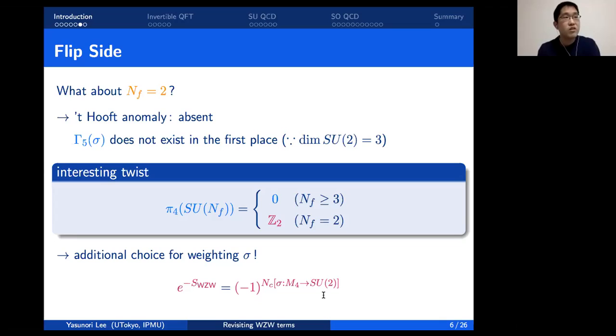No, because there's no such WZW term, right? No, there should be a kinetic term of sigma or whatever else. The left-hand side, yes.